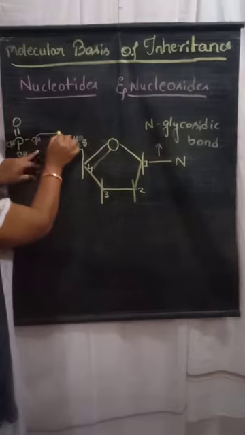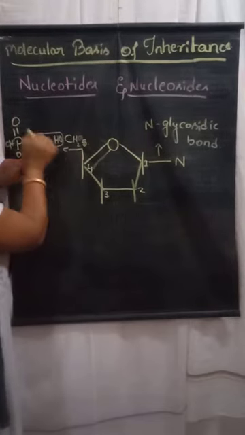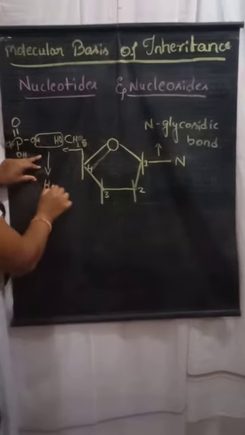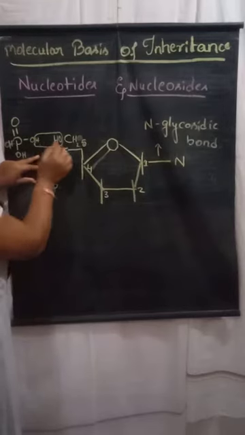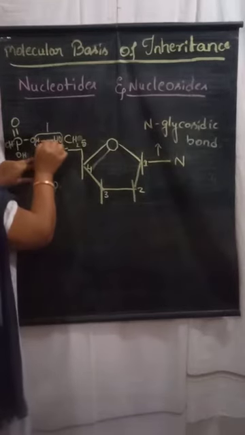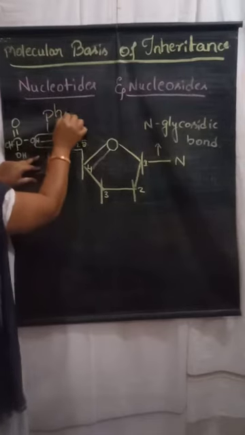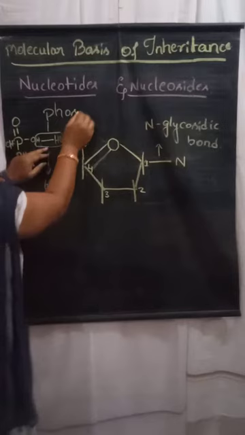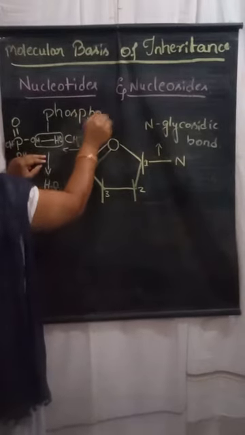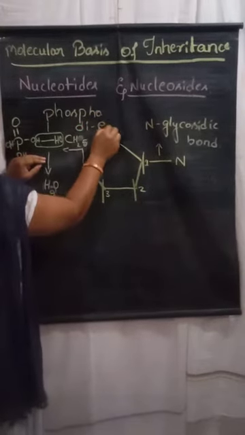By the removal of a water molecule, a bond is formed. This bond we call a phosphodiester bond.